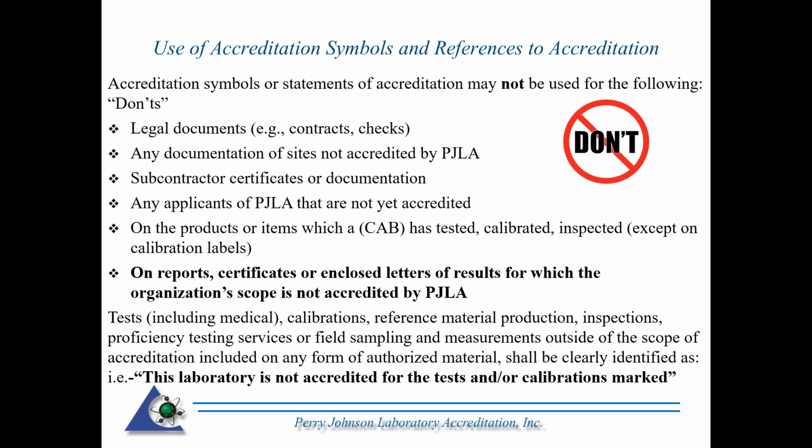So for example, if you're doing a report, a test, and there's various tests on there, the ones that are accredited can utilize the symbols. However, if there's also items that are not covered under your scope, then you have to highlight that on the report, perhaps with an asterisk where it would state this laboratory is not accredited for the test or calibrations marked.